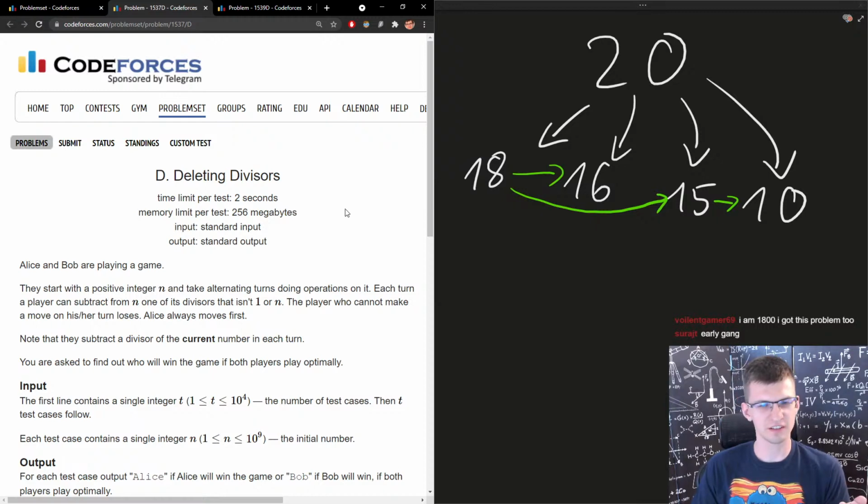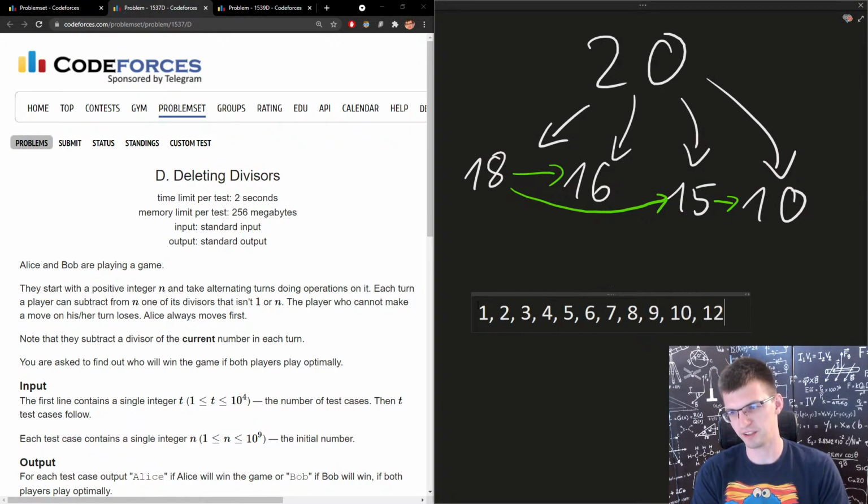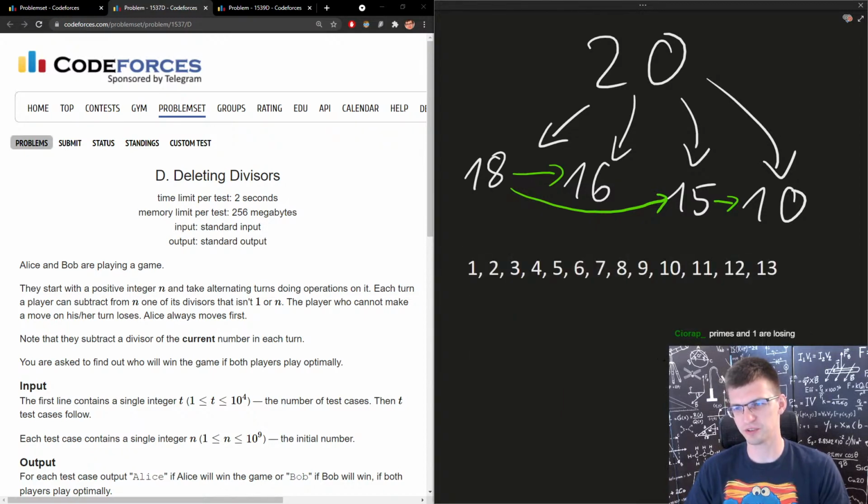Maybe I should start looking from small numbers, like 1, 2 are losing. I will do brute force in my mind. Still trying to do this without using a computer, just imagining I only have access to a piece of paper.